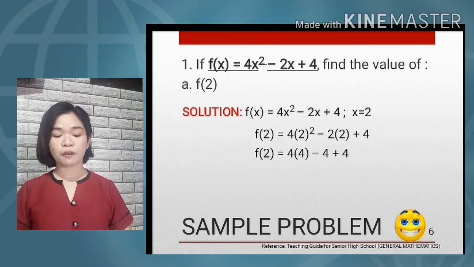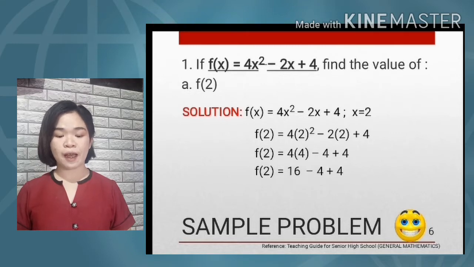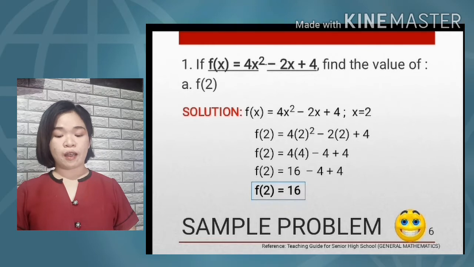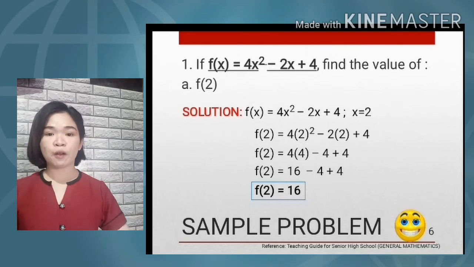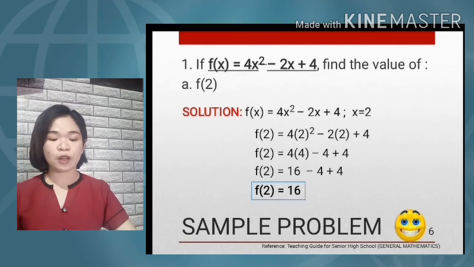So that is equal to 4 times 4 is 16, bring down negative 4 plus 4. When we subtract and add, 16 minus 4 is 12, plus 4 is 16. Therefore, we can say that the function f of x is equal to 4x squared minus 2x plus 4 is equal to 16 if the value of x is equal to 2.